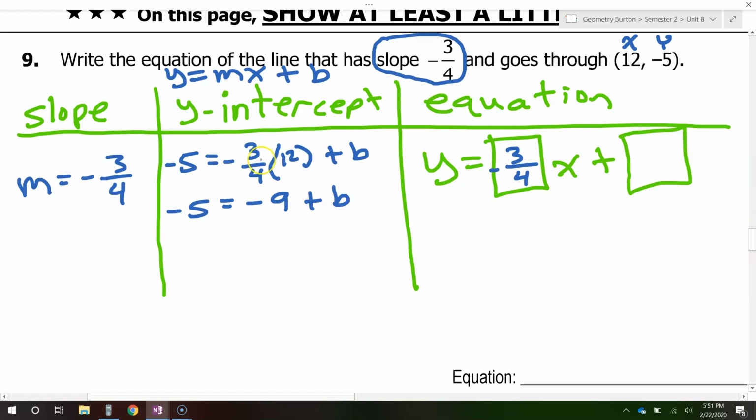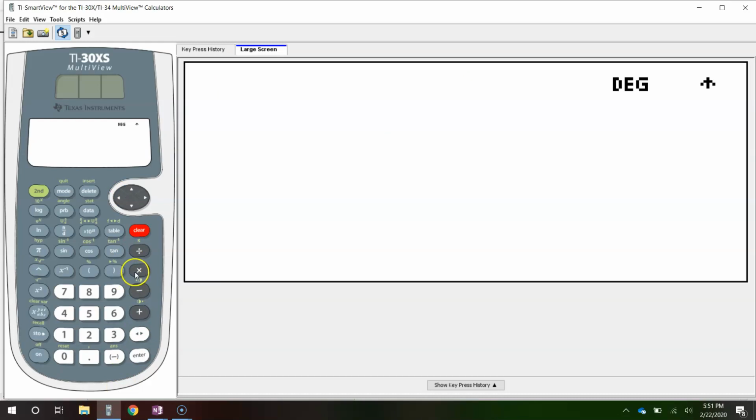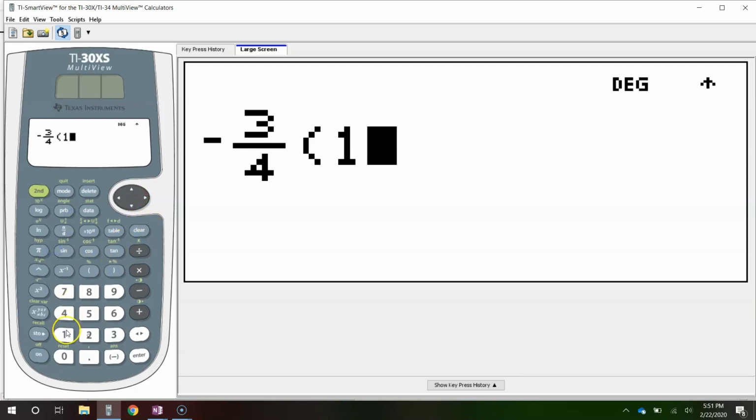But a couple of you are thrown by that, and you will not follow that. So you will use your calculator. So -3/4 times 12. Here's what you do if you didn't like the last thing I did. -3/4 times 12. Your calculator is amazing, and you can use it if you need it.